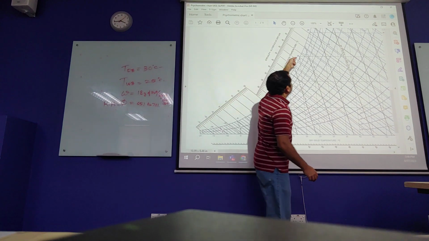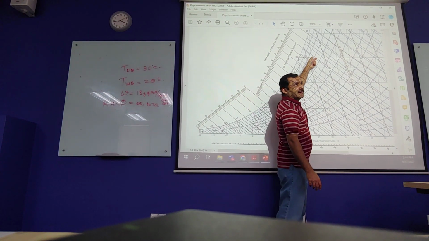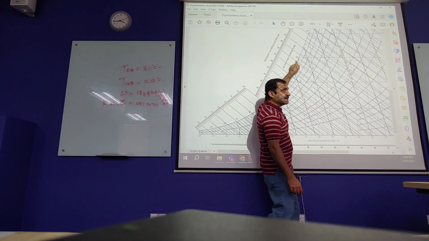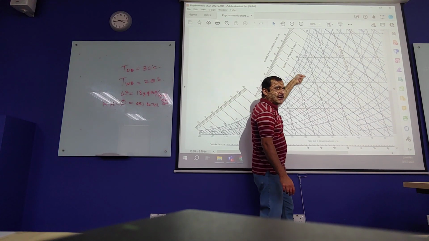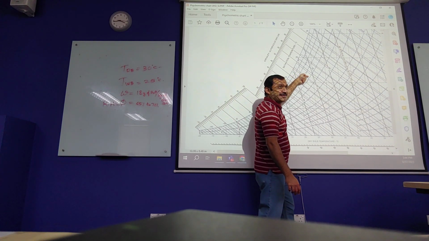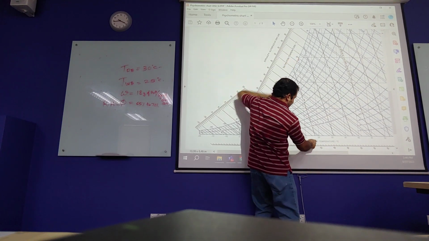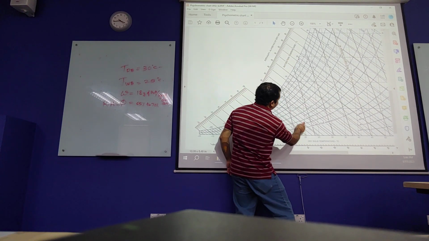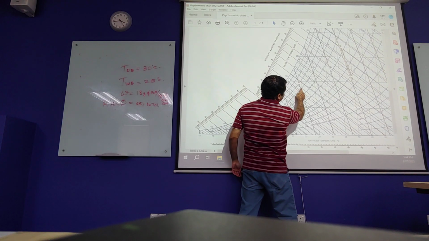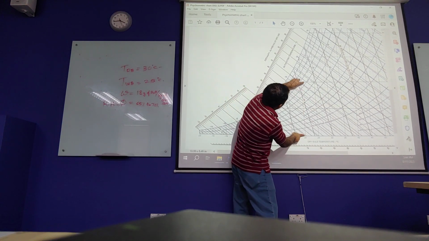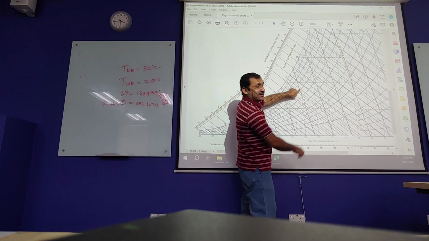Because if you just heat it, it goes to 25. Can you cool it further and then heat it to 20? So you continue going further. Let's look at 20 degrees where it crosses 60%. 20 and that's 60% there.